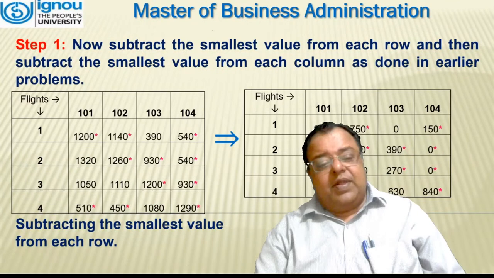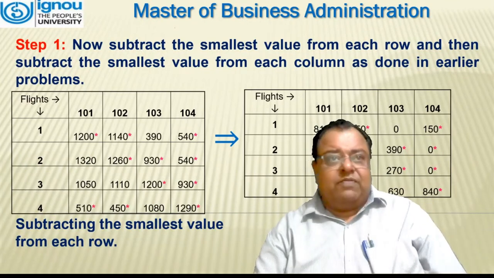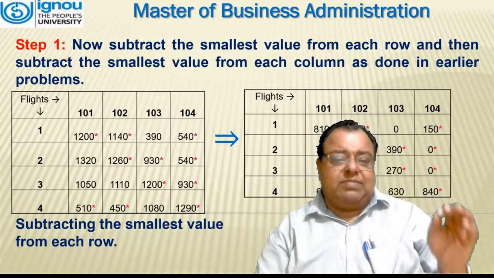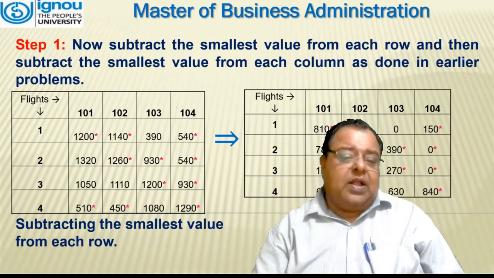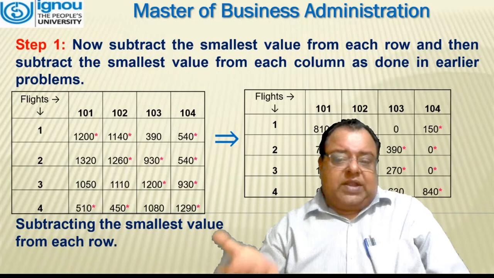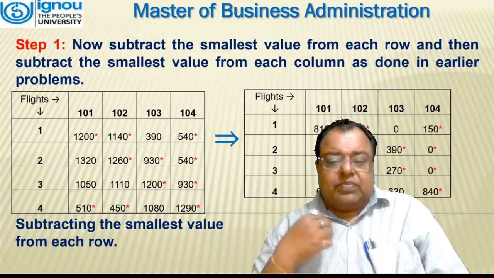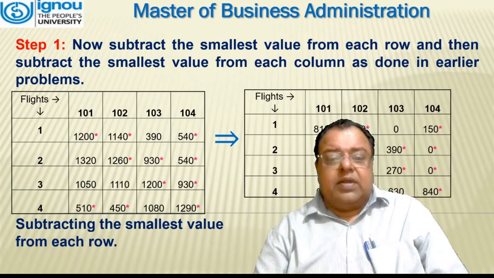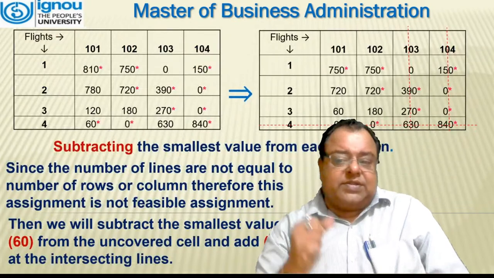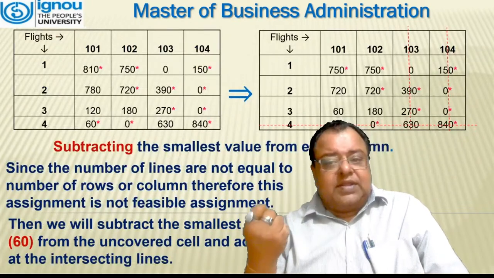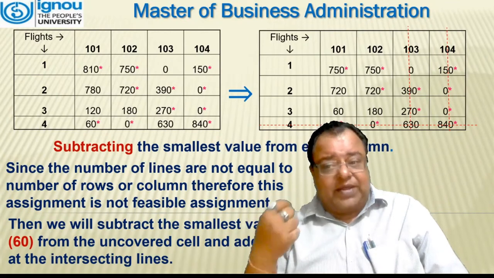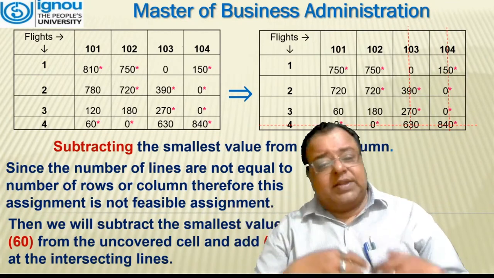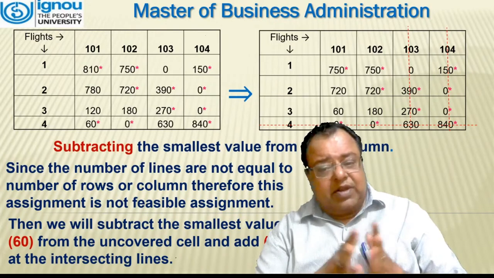Now, subtract the smallest value from each row and then subtract the smallest value from each column, what we have done earlier also. After the transformation, this is the final position what we see. Again, subtracting the smallest value from each column.